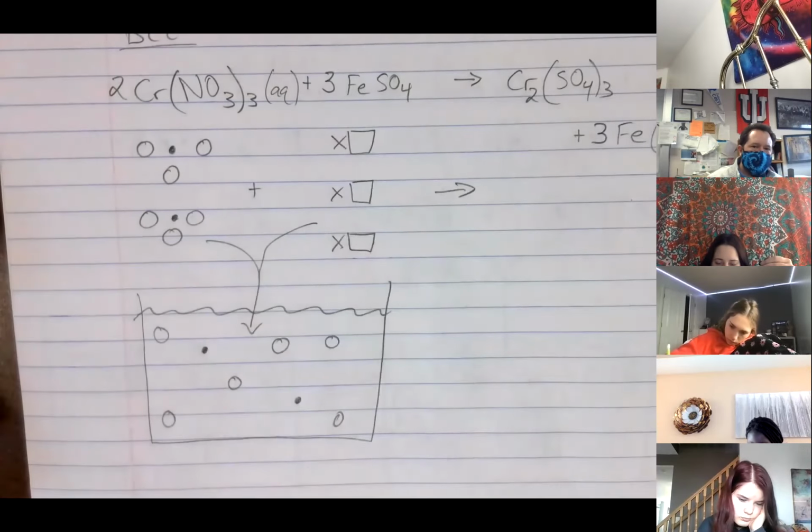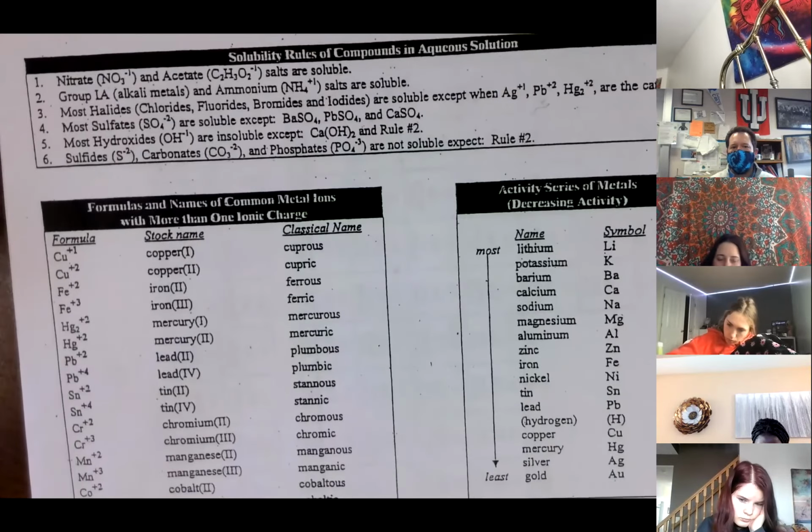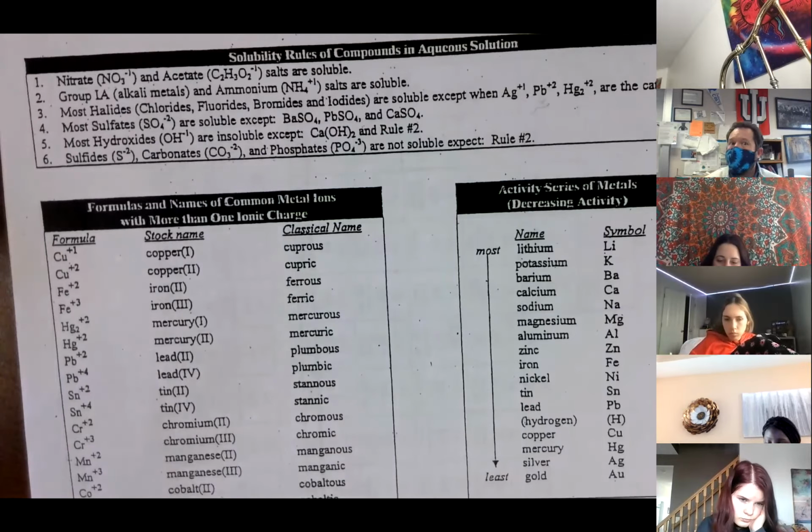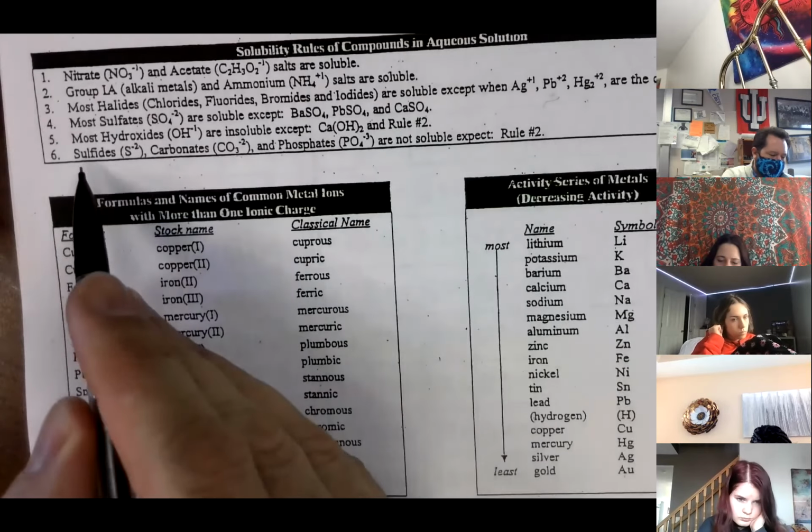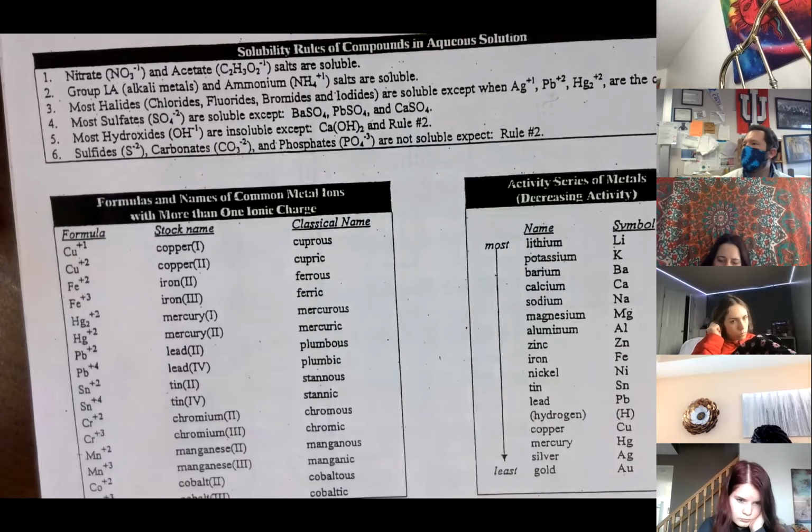How about iron sulfate? What's going to happen when we put iron sulfate in the water? What rule tells you that? That's at sulfides. So close, very close. The sulfides, though, and we have a sulfate.